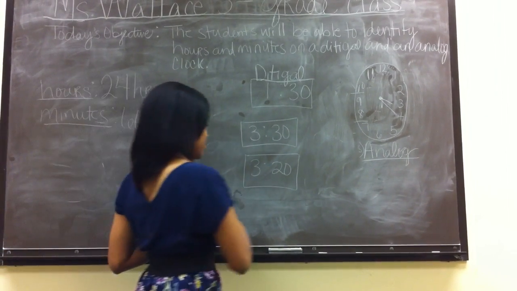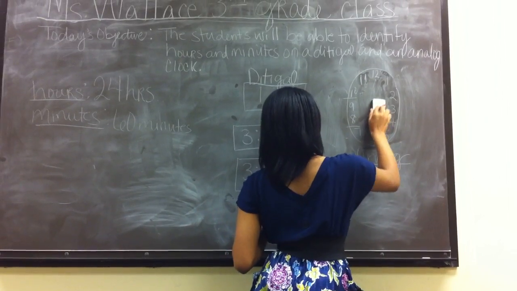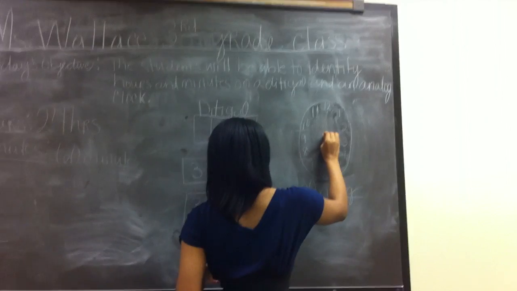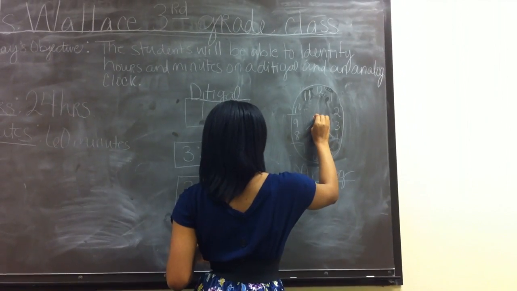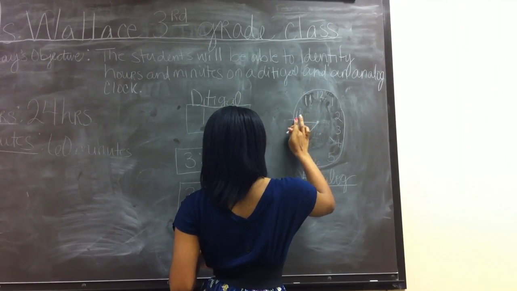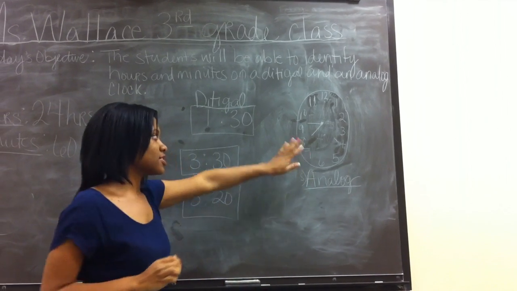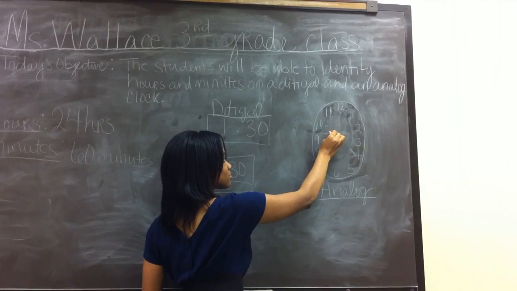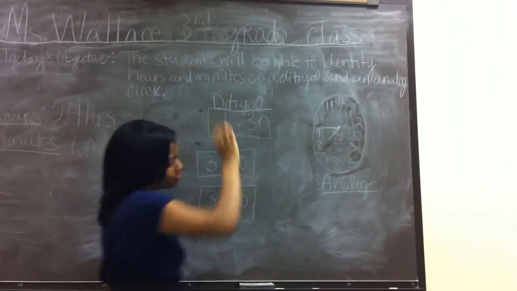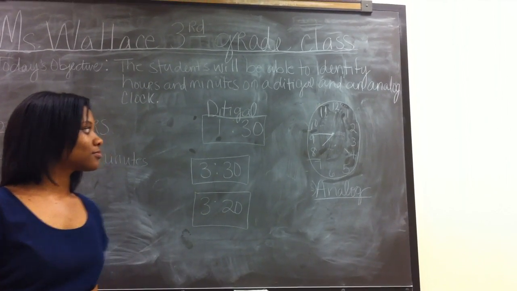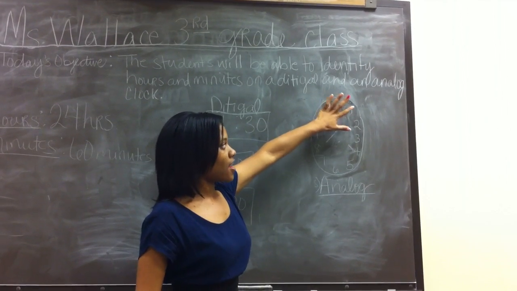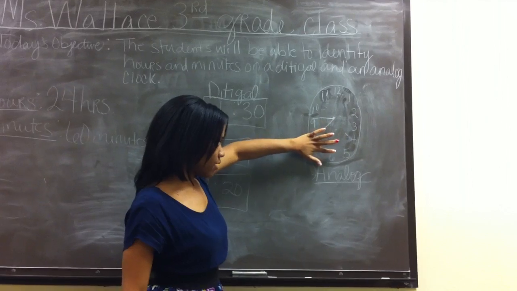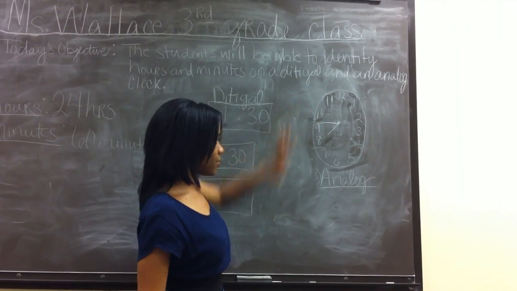Yes. So what if I say, should I still be at school at this time? First of all, what time is this? Which one's the shorthand? Okay. It's 8. Count by 5: 10, 15, 20, 25, 30, 35, 40, 45.